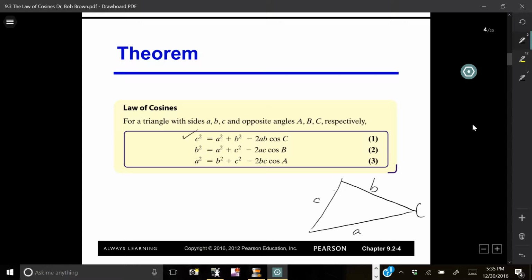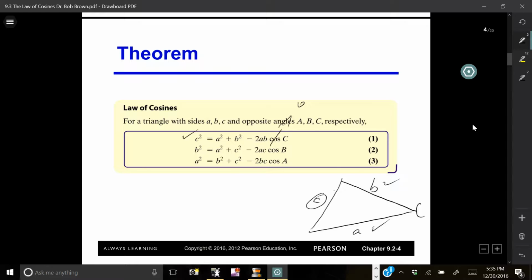So we know angle C, and we want to find side c, and we know a and b. And it's basically a modification of the Pythagorean theorem, which if C were 90 degrees, cosine of C would be 0, and we would just have the Pythagorean theorem.